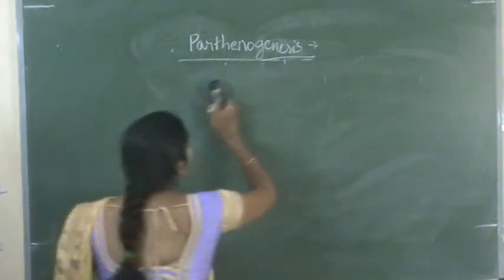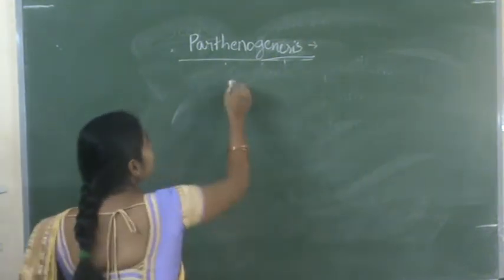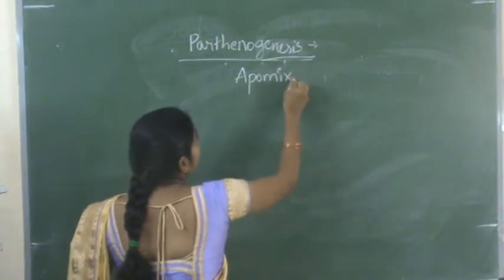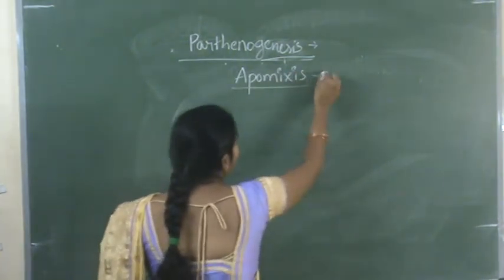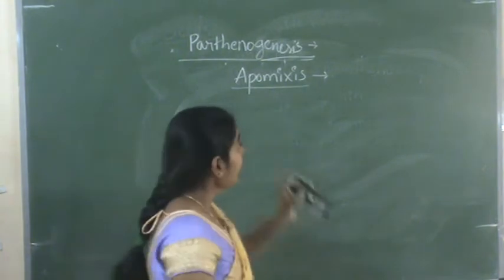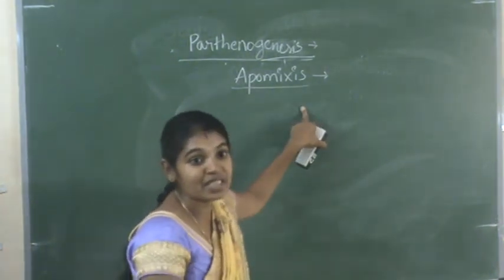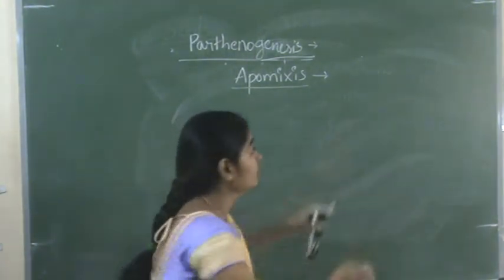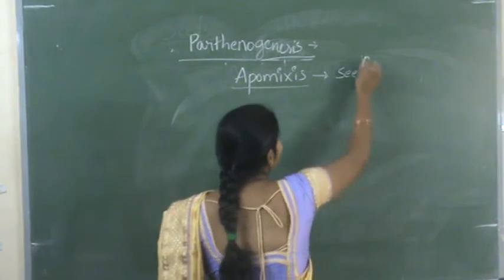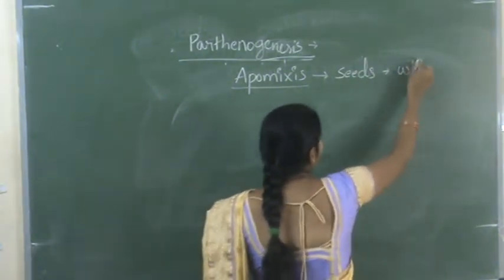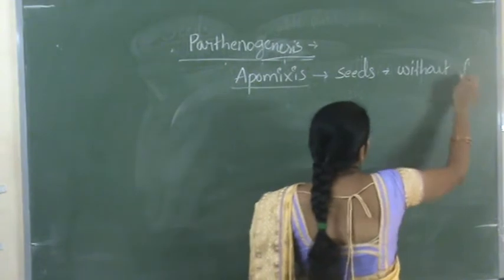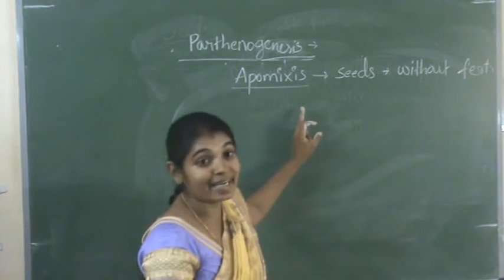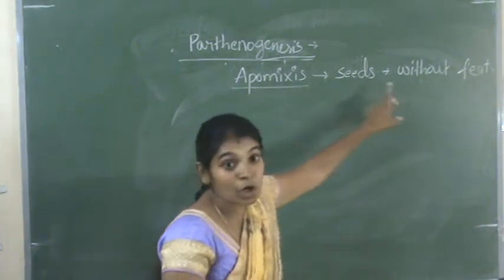And here another process is called apomixis. Apomixis is the process by which the seeds are developed without fertilization. Parthenocarpy is the developing of fruits without fertilization.